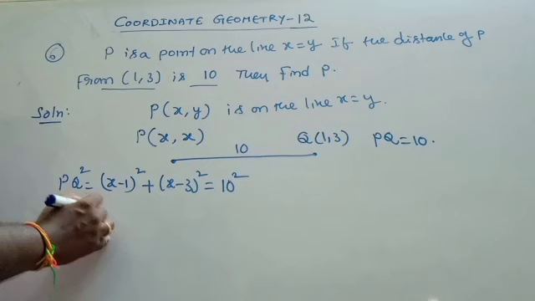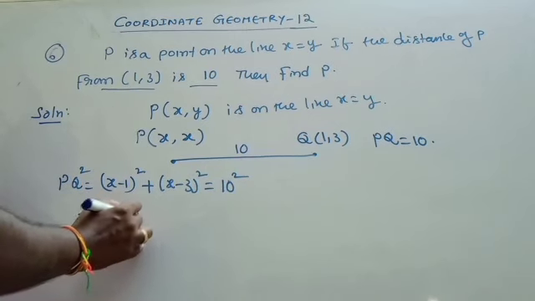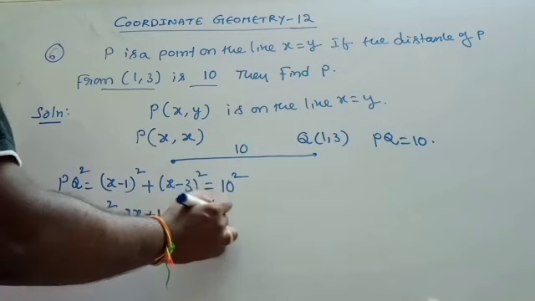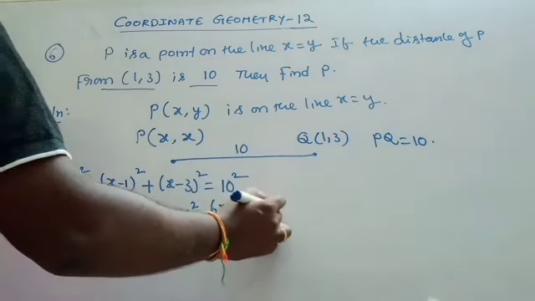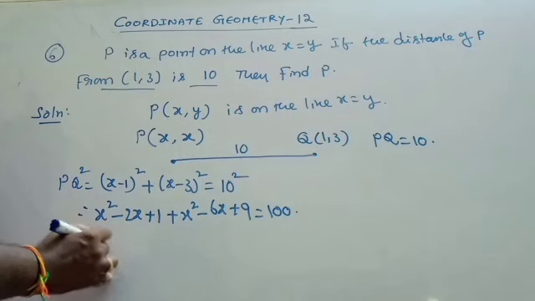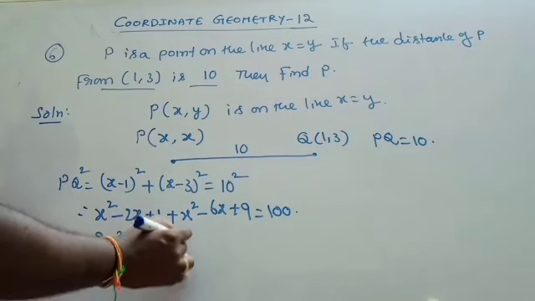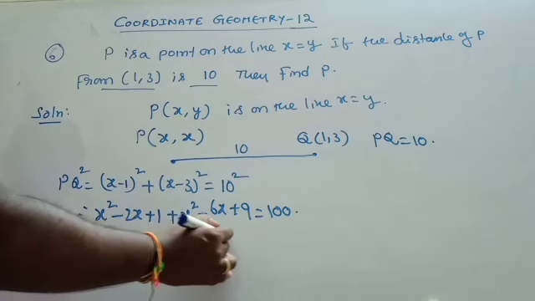Now this is x square minus 2x plus 1 plus x square minus 6x plus 9 is equal to 100, like this. Now this is 2x square minus 8x plus 10 minus 100 is equal to 0.